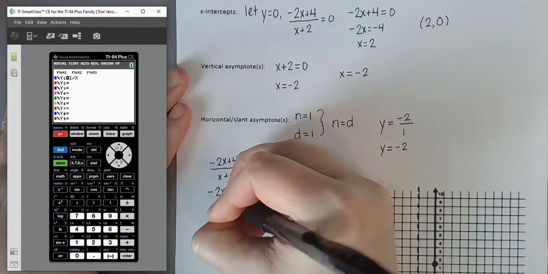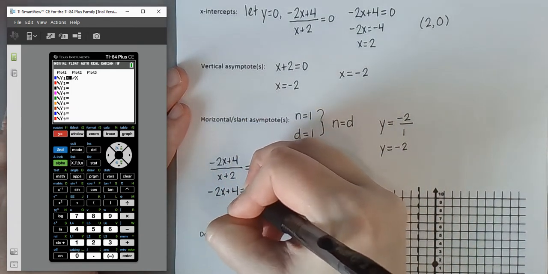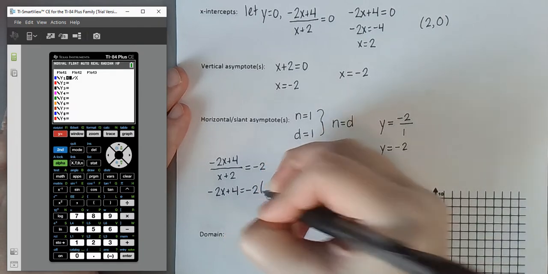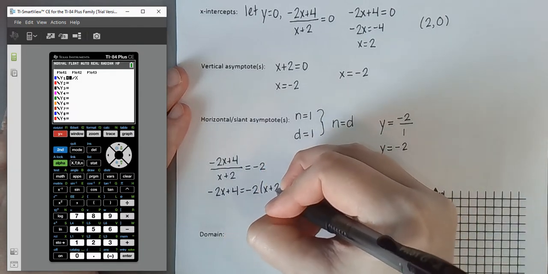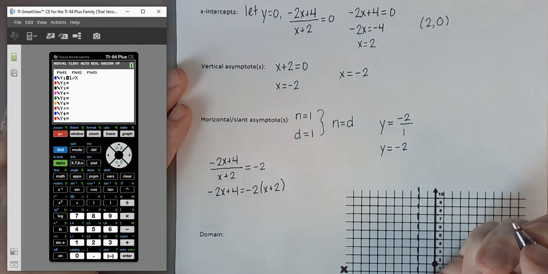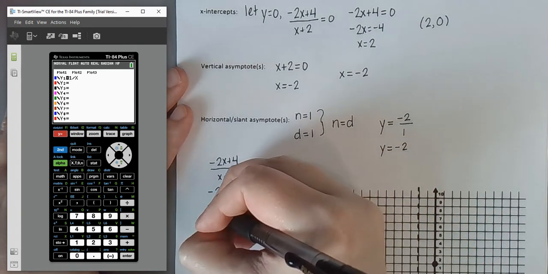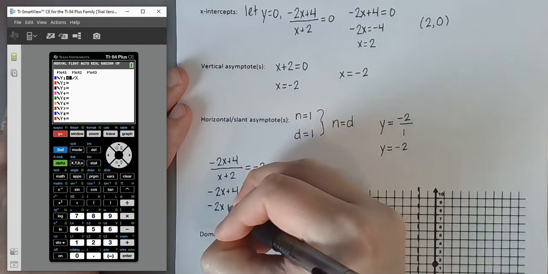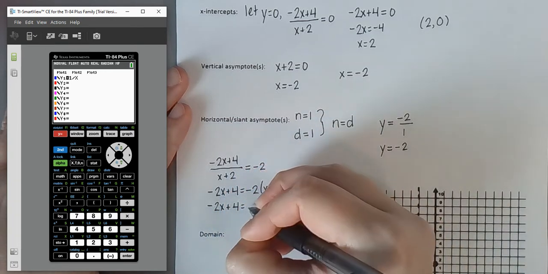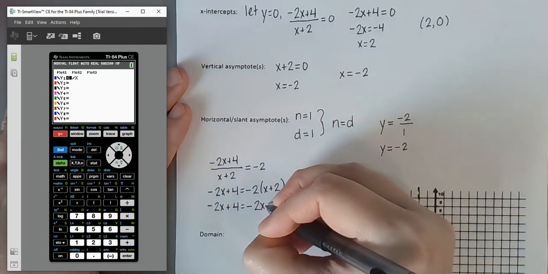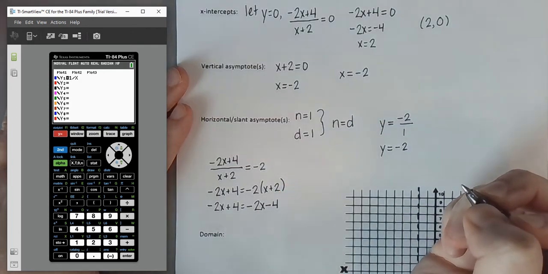So negative 2x plus 4, and when we move it over, that's going to be negative 2 times x plus 2. Okay, distribute your negative 2. So we have negative 2x plus 4 is equal to negative 2x minus 4.